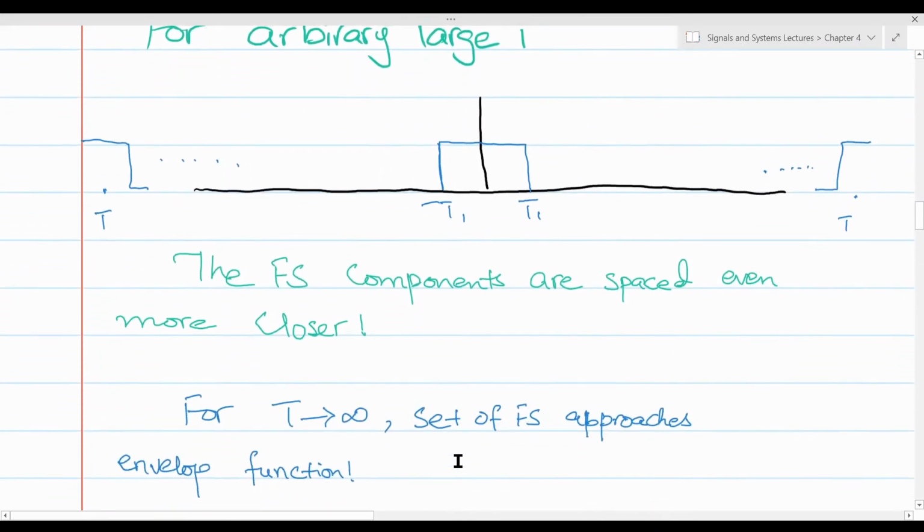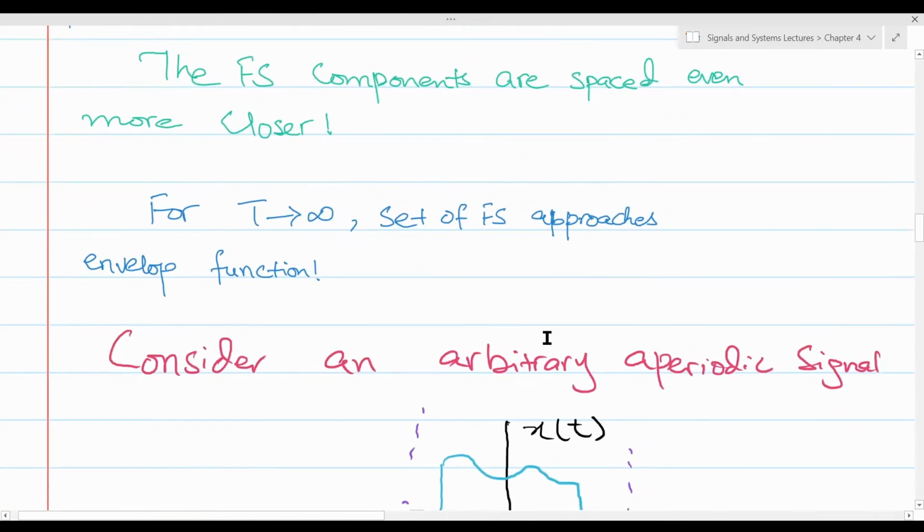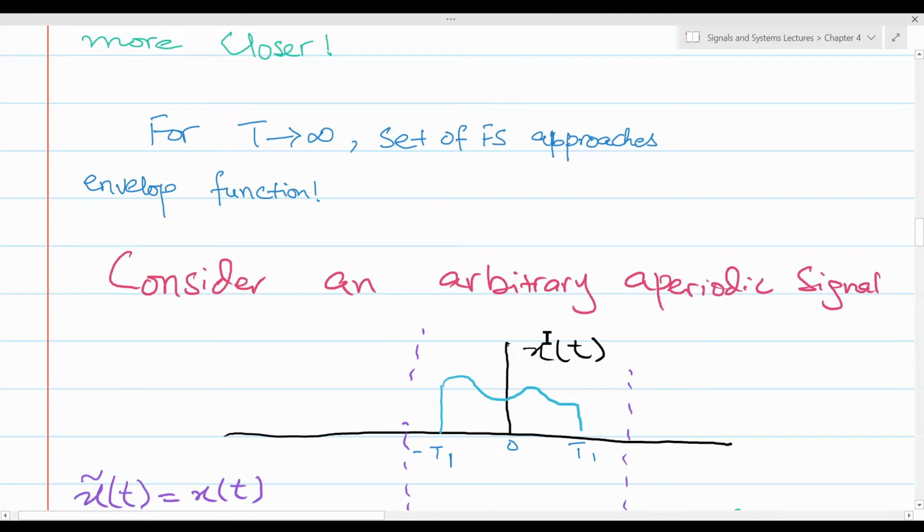So what happens when this time period approaches infinity? Then the set of Fourier series coefficients approaches this envelope function which we have shown in this figure. It will be something like a continuous function. So we can see this again and develop the Fourier transform representation for aperiodic signals.